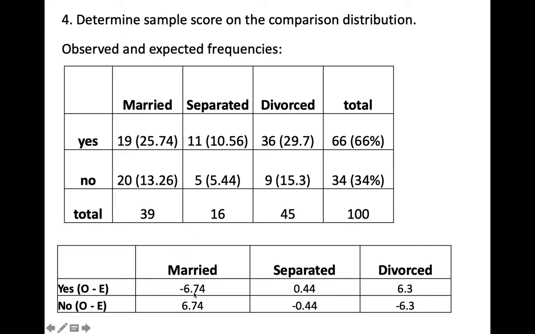So that's what I've got here. 19 minus 25.74 gives us negative 6.74. 20 minus 13.26 gives us 6.74. 11 minus 10.56 gives us 0.44. So these are all of our calculations. You just repeat the same operations for all 6 cells in the design.